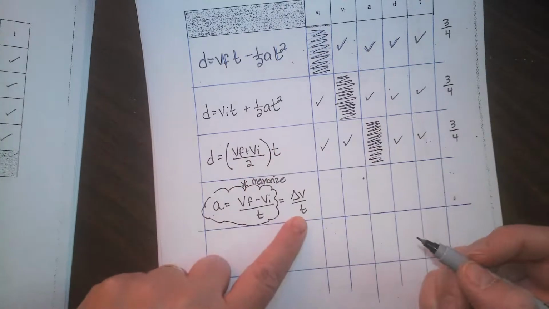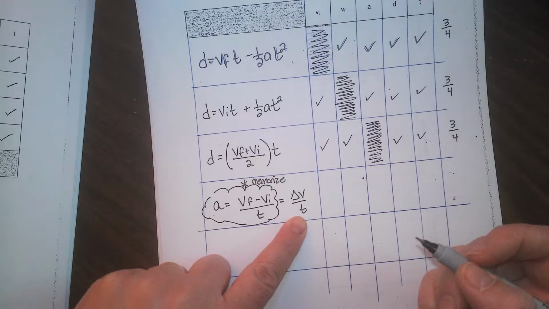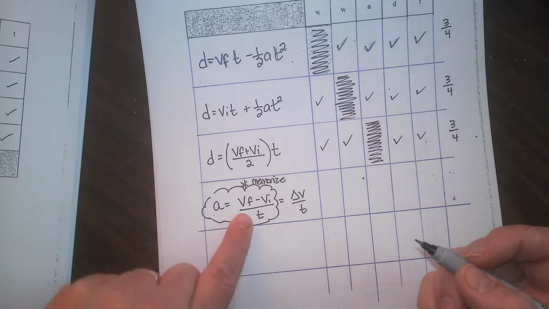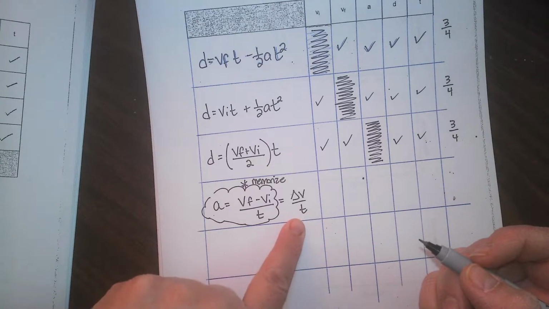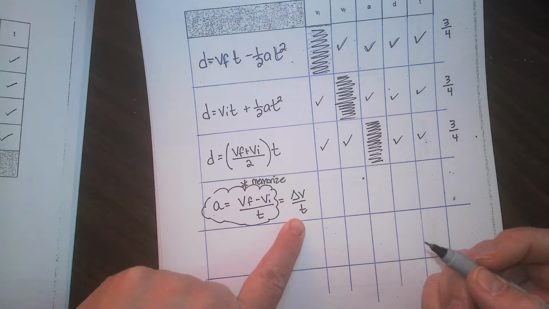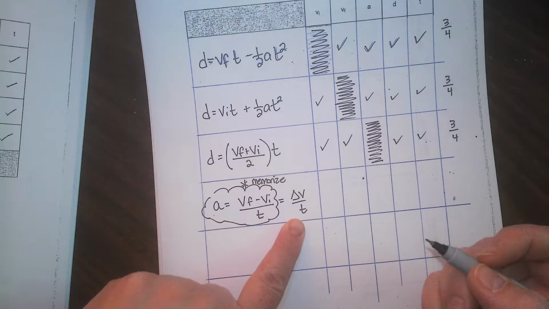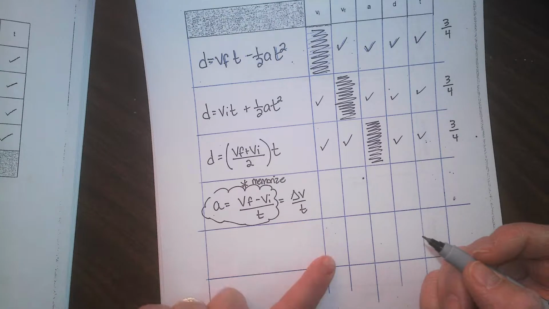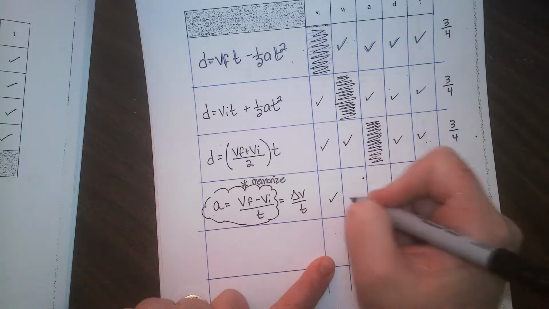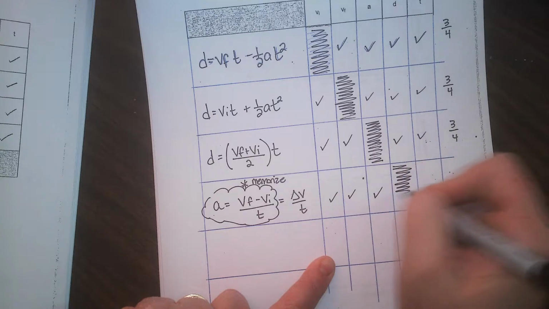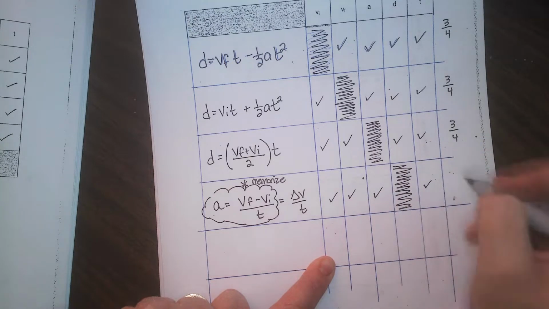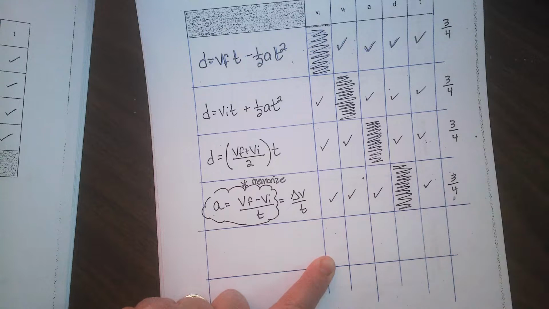But our data sheet actually has A is equal to delta V over T. So do you need to memorize this one when the data sheet tells you A is equal to delta V over T? Because by this point, the change in is something minus something. So I have VI, I have VF, I have A, I don't have distance, and I have time. So again, you would need 3 out of 4 of those to be able to solve a problem.